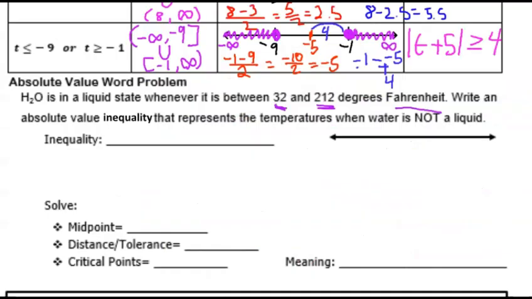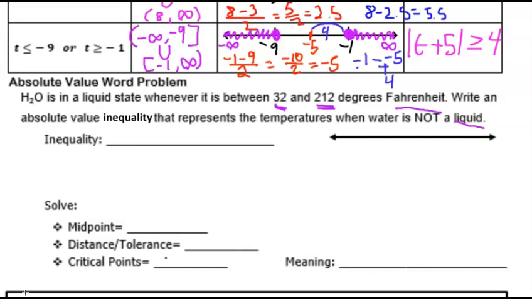Okay, let's apply that to a word problem. H2O is in a liquid state whenever it's between 32 and 212 degrees Fahrenheit. Write an absolute value inequality that represents the temperatures when water is not a liquid. So we want to find our midpoint, our distance, and list our critical points.